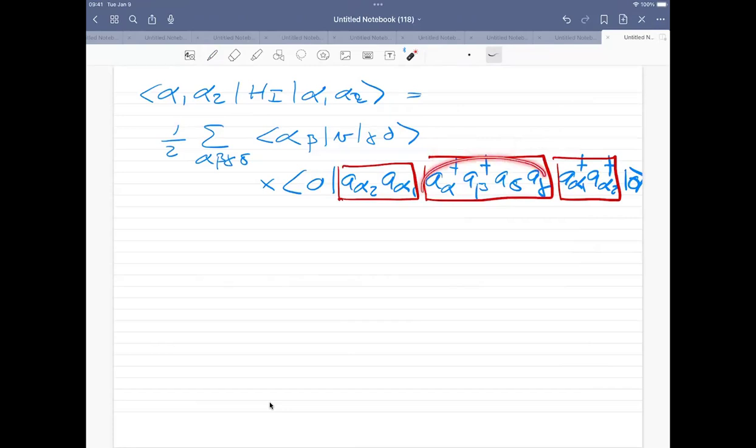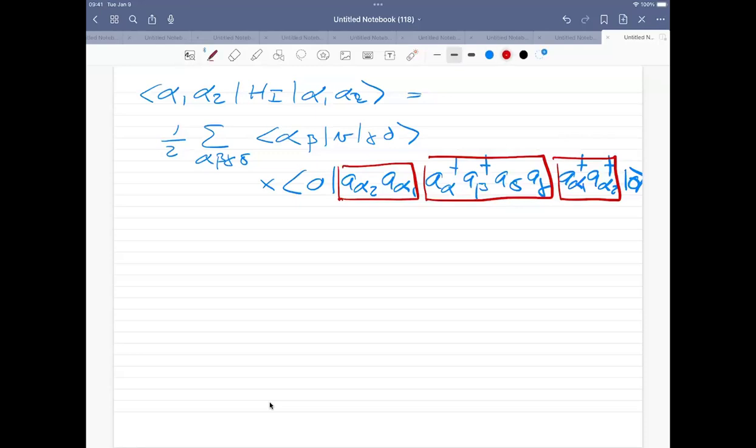So all contractions within an operator which is already normal ordered are zero, because the operator itself has all the creation operators to the left and the annihilation operators to the right. This is already normal ordered, and the same with this one. So if I list all the possible contractions, this one is automatically 0, and this one is 0. The only possible non-zero contractions are those between sets of normal ordered operators. It's pretty easy to see that, right?